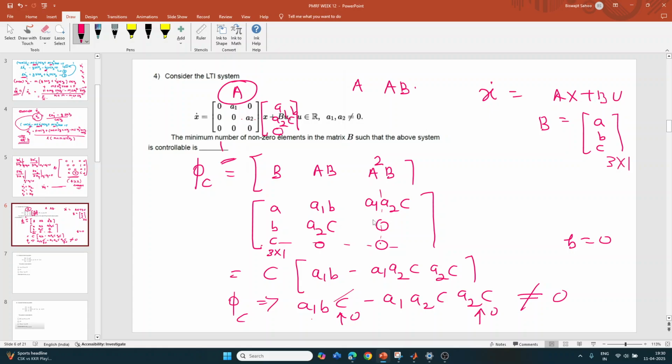Because here, suppose you have a matrix like 1 0 0, 2 1 2, and this column is 0. Then you can say that once a row is 0, the determinant now depends on these two, because one row is always 0. The rank starts from 2, maybe 2 or not 2.